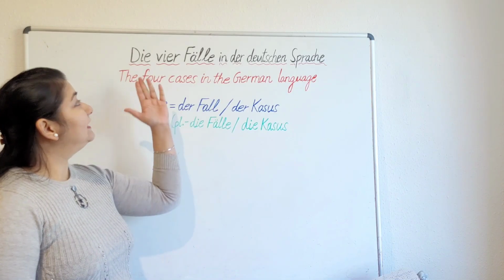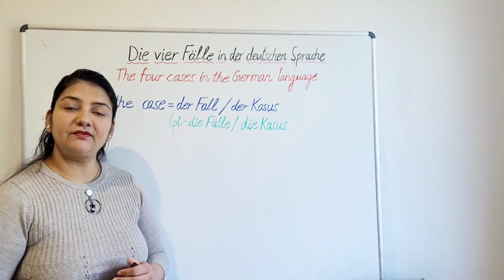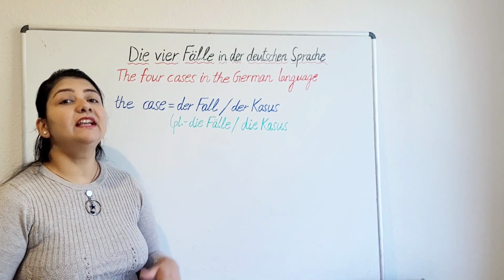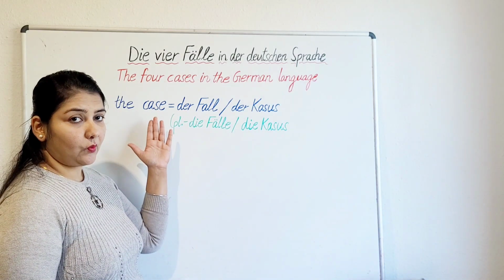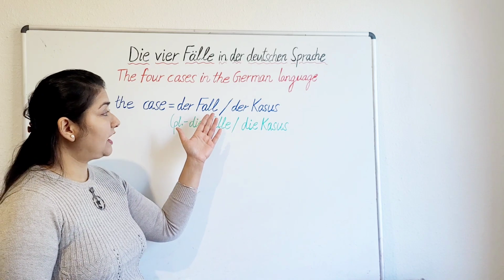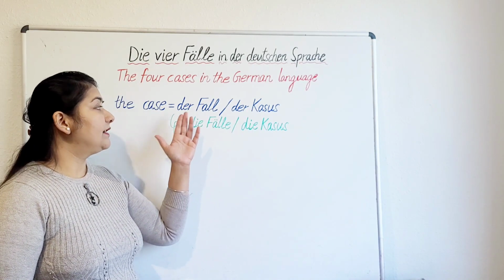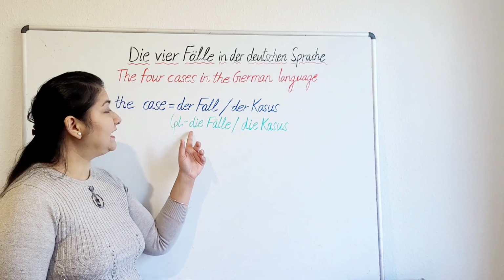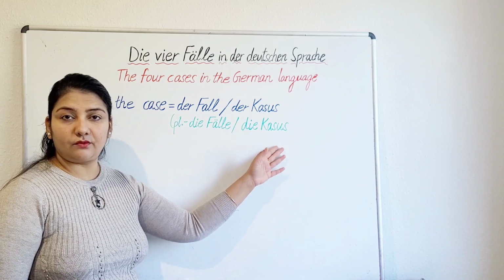Los geht's! So we start with the topic, die vier Fälle in der deutschen Sprache. At first we need to know how you say case in the German language. The case of a noun is called der Fall oder der Kasus. Und im Plural die Fälle und die Kasus.